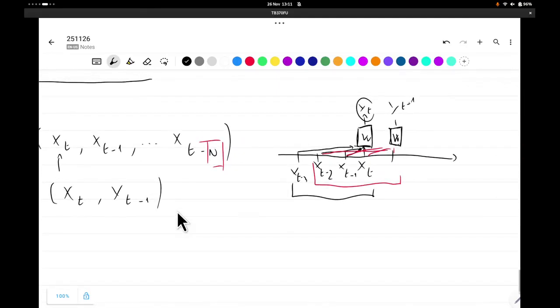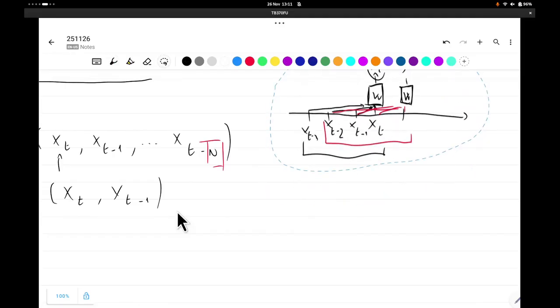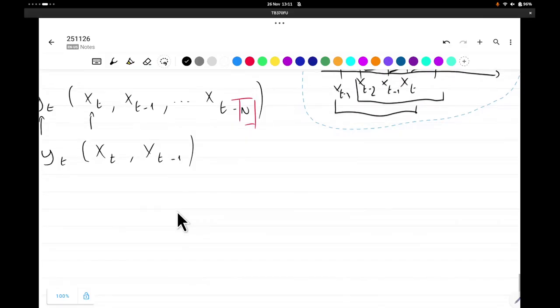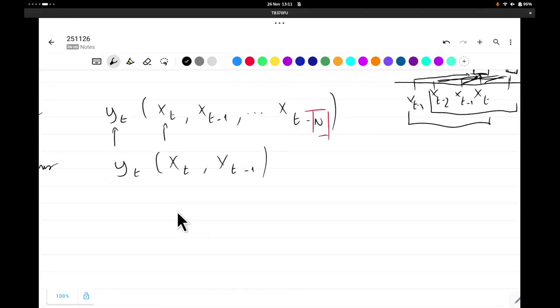So let me. From the point of view of sketching a neural network architecture, again, this doesn't need to be a neural network, but we can easily map this into a neural network.